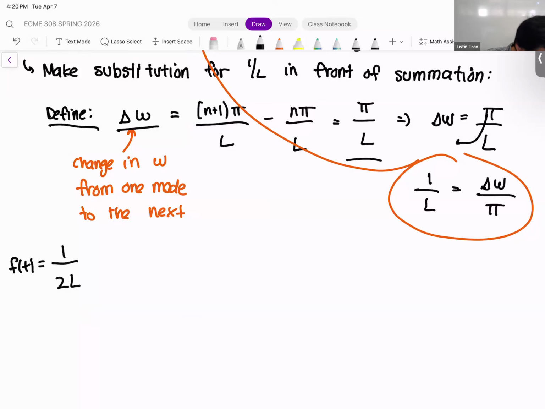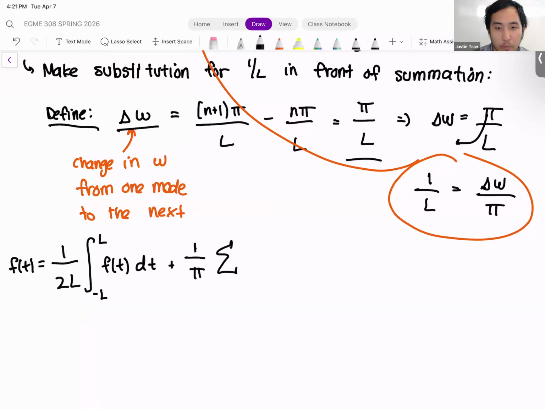We're going to have 1 over 2L integral from minus L to L of f of t dt plus 1 over pi. So I'm basically taking this delta omega over pi, factoring out the 1 over omega, and distributing the delta omega throughout the summation.